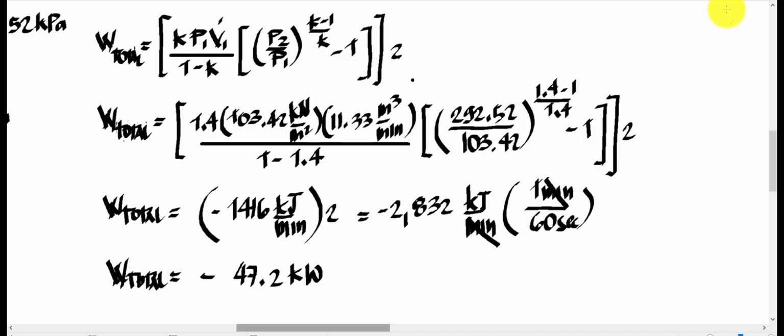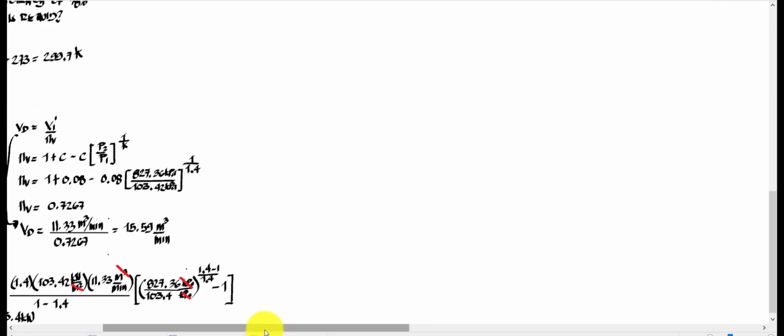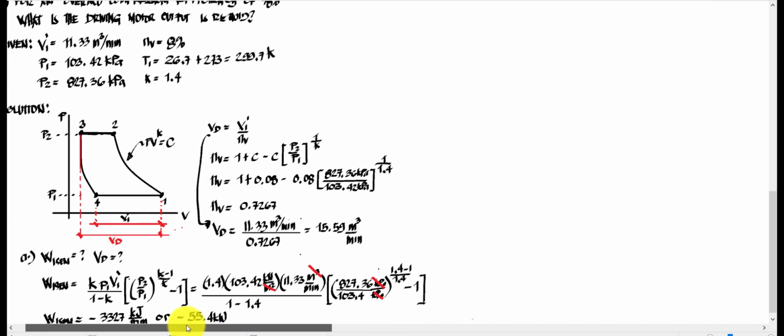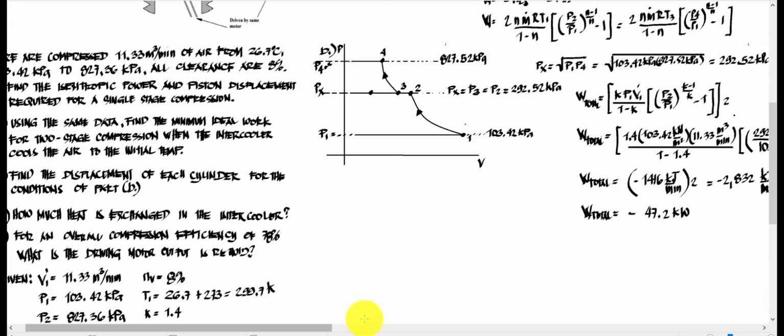So let's have a quick comparison of the work for multi-staging. We use the multi-stage total work compared to initially the work. So we have 55.4 for the isentropic. Okay, versus when we do multi-staging, we achieve work of 47.2 kilowatts.